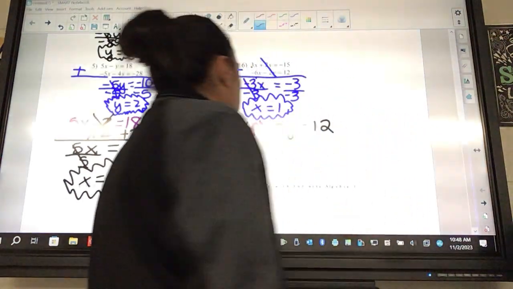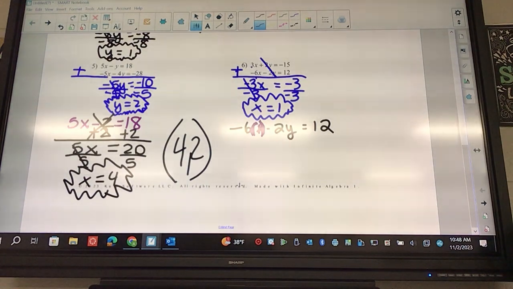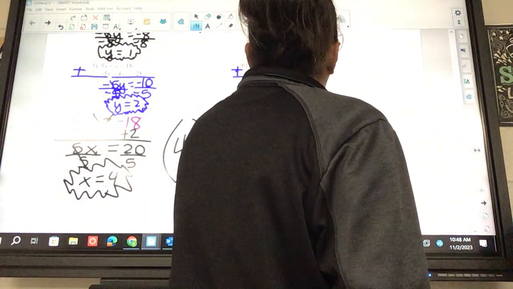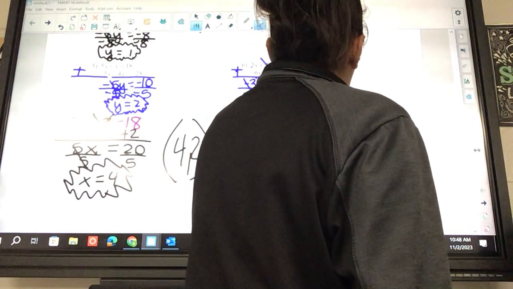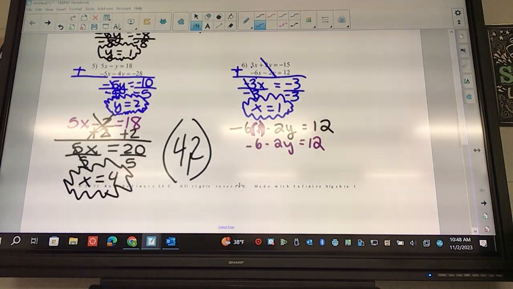Just make it a little darker so you don't get mixed up. Okay, and then we're going to do the parentheses, so -6 times 1. -6, so we're going to get -6 minus 2y equals 12. And then what needs moved? The -6, so we're going to add 6 to both sides.